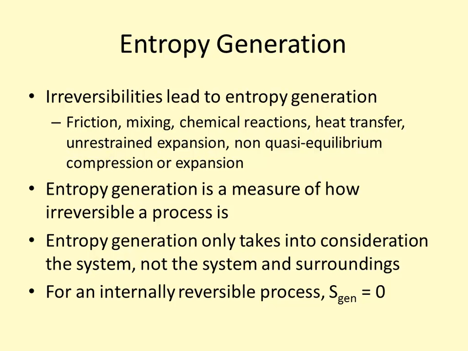And as we're performing our entropy balance, we're just looking at the system itself, not the system plus the surroundings. We can create a new system to include the surroundings, but as we do our entropy balance, we're just looking at the entropy change of the system and what's coming into that system, out of that system, and generated by that system. Okay, we don't look at the surroundings.